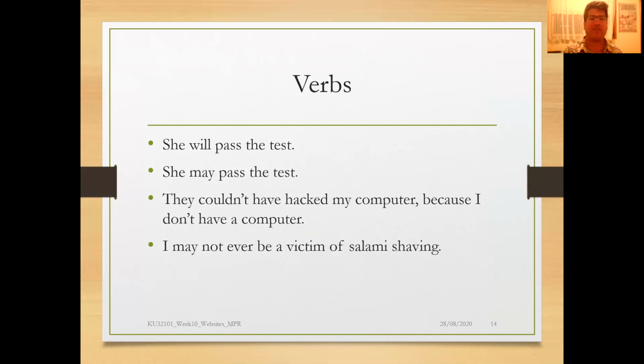They couldn't have hacked my computer because I don't have a computer. Okay, so that is certainly not. It's the negative form. It's impossible. Okay, I may not ever be a victim of salami shaving. So that's a negative expression there, but it's not certain.